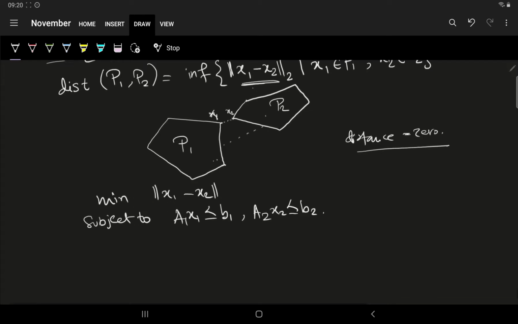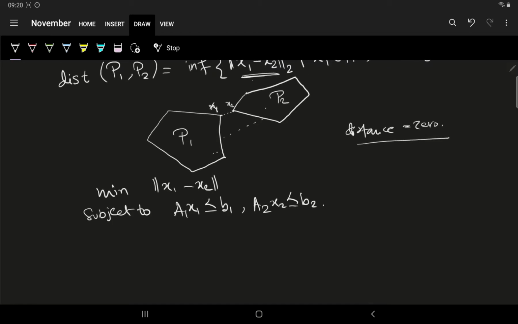But we can see that we can change it to a quadratic program form by squaring the objective function.